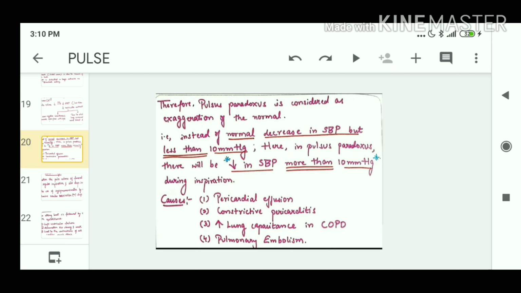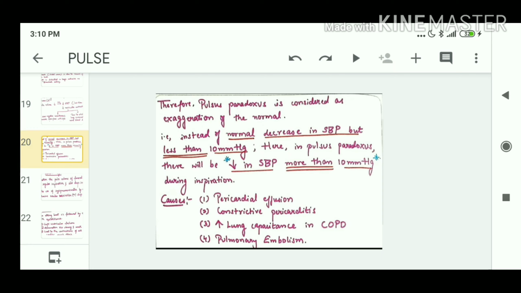The blue stars you can see on the slide, you should remember for the pulsus paradoxus. If you say this, it is enough.